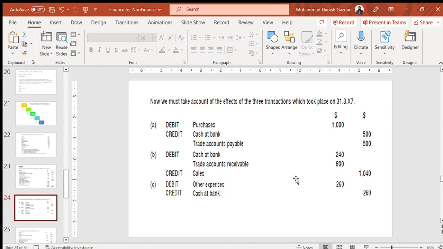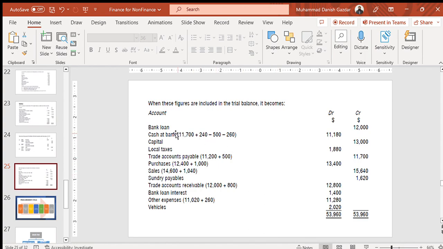So now you are able to draw the adjusted trial balance, which means you simply need to incorporate the changes. The credit entry and debit entry of cash need to be added and subtracted, so here you have the adjusted figure of cash. Many heads are just the same as they were previously.